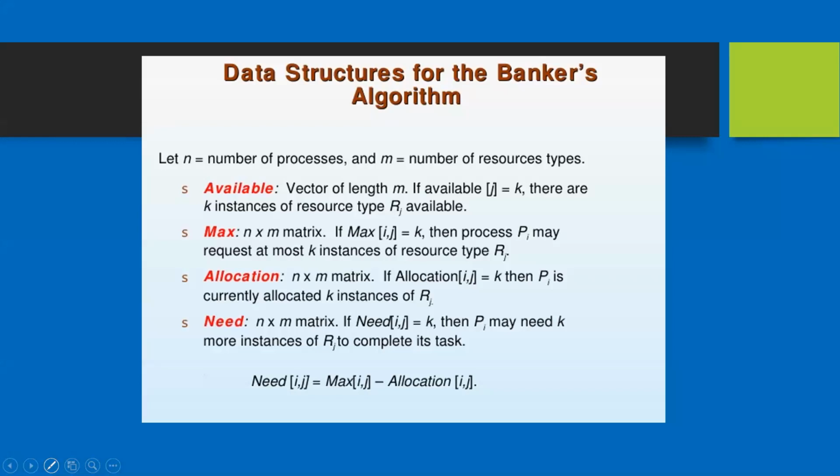If a process requests 6 instances of the same type, then it will not be accommodated. Need is an n cross m matrix. If need[i][j] is equal to k, then Pi may need k more instances of Rj to complete its task.